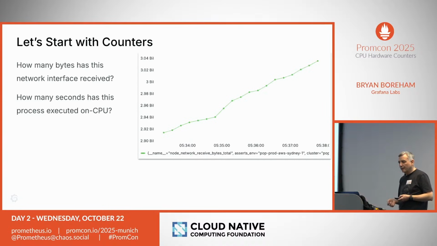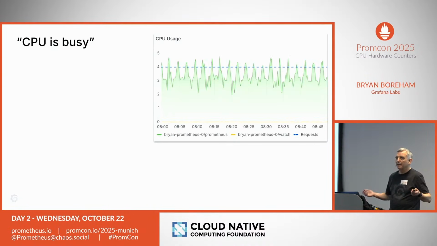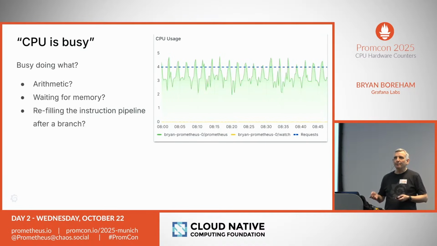And that one leads us to CPU is busy. And why do I do this job? Because I basically spend most of my time shouting at the screen like, well, what is it doing? Okay, it's busy. Doing what? The CPU could be doing arithmetic.